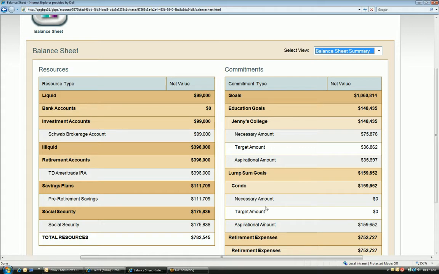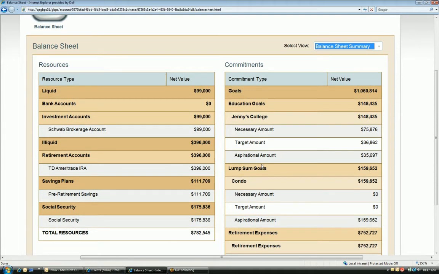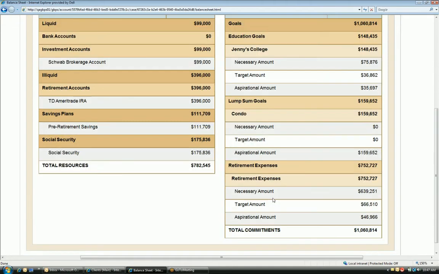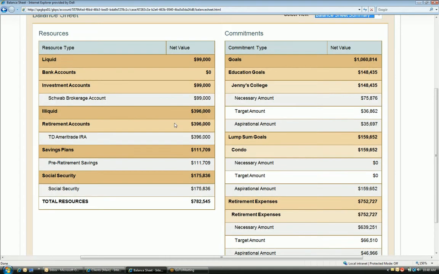So those discount rates are used for each of these priority classes, and for things like retirement expenses, we use actuarial present value analysis, so it calculates them to life expectancy and includes gender-specific mortality rates.